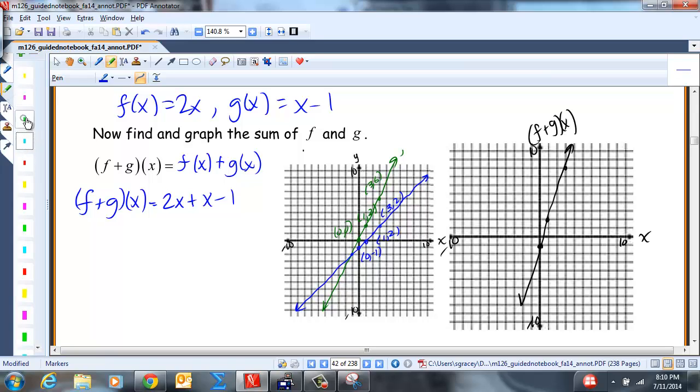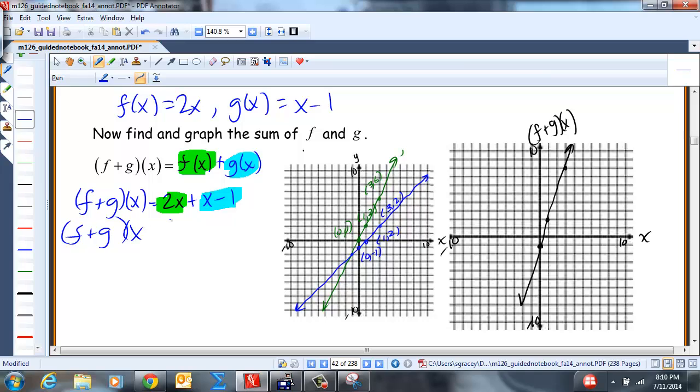And this is our f at x, and this is our g at x. So combining like terms, we would have f plus g at x is 3x minus 1. So that would be a slope of 3 and a y-intercept of negative 1.